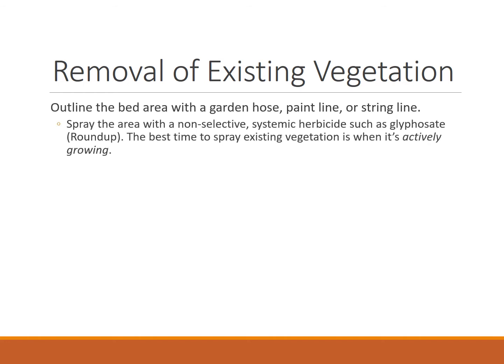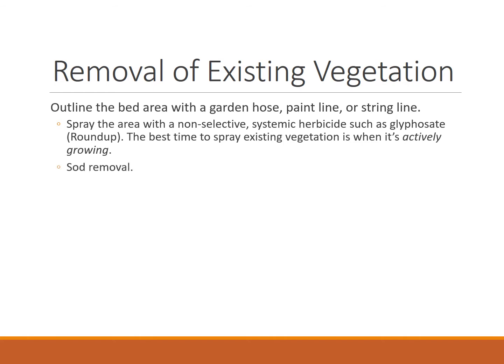We could outline the bed and then spray the turf grass with a non-selective systemic herbicide like glyphosate or Roundup. And the best time to spray Roundup is always when the vegetation is actively growing. Roundup is not effective when sprayed on vegetation that is dormant and not actively growing.